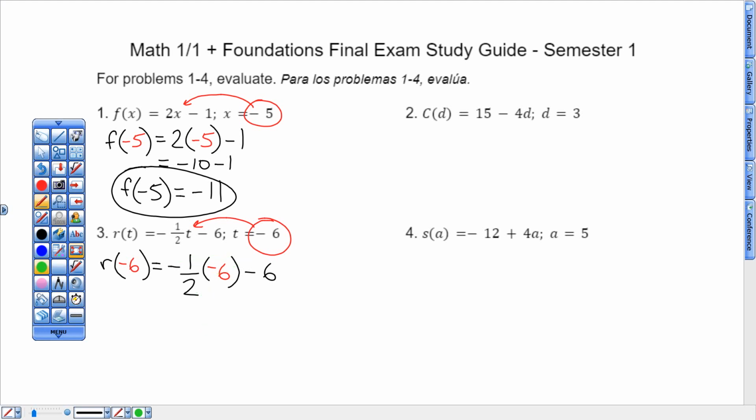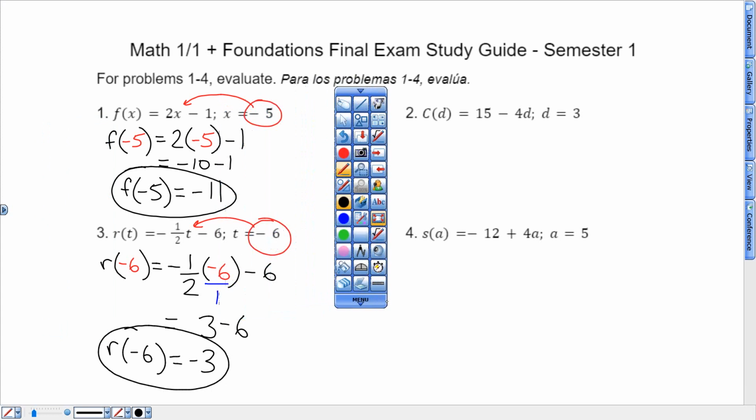But no matter what, this timesing gives me +3, -6 times -1/2, so that gives me r of -6 equals +3.